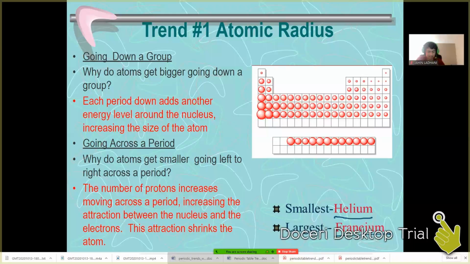So knowing this trend sometimes is helpful. So going down a group, we said they get larger, and once again, it's because we're adding energy levels and the shielding is increasing, and then they get smaller as I go across a period because Z-eff is increasing, the number of protons is increasing, so that's pulling the electrons in more.